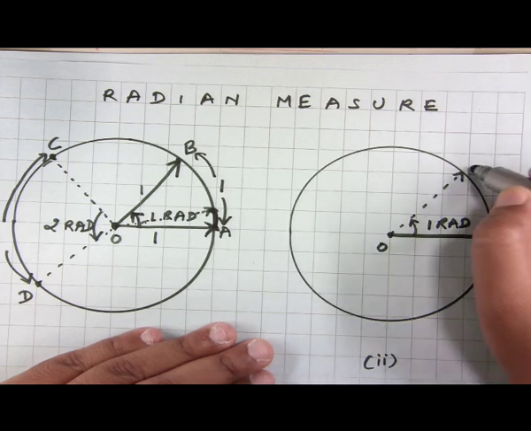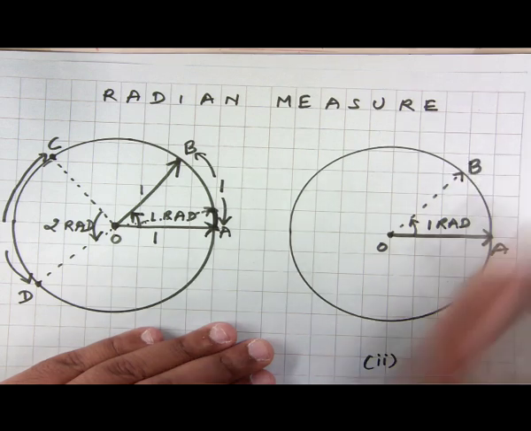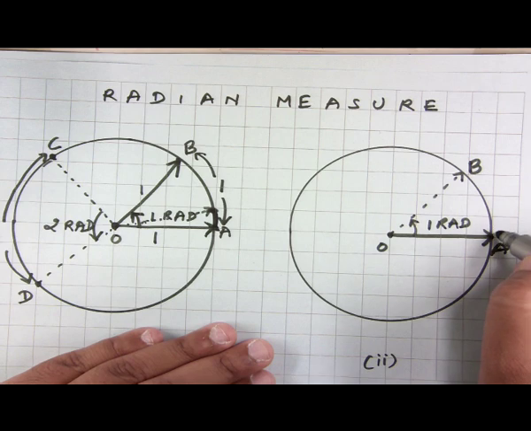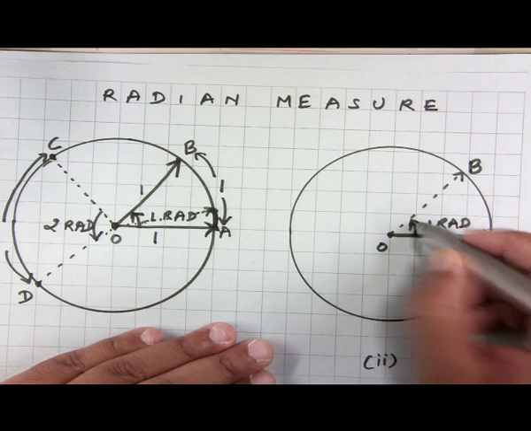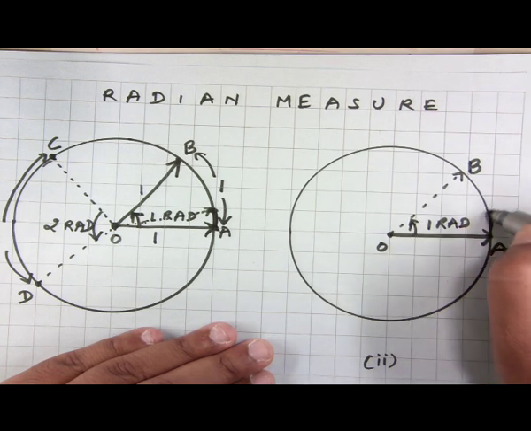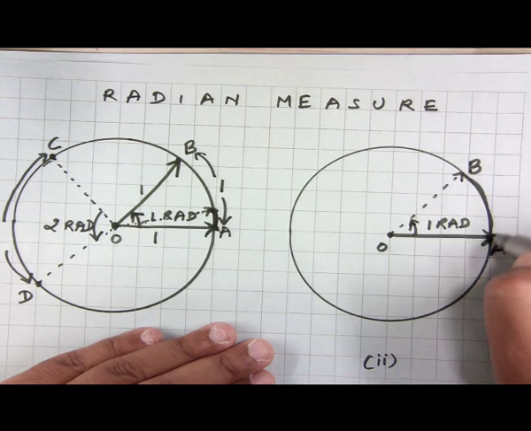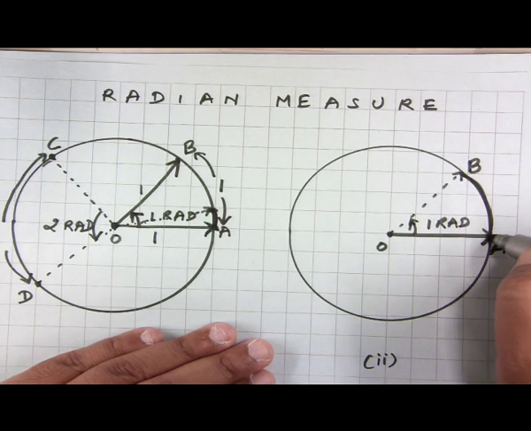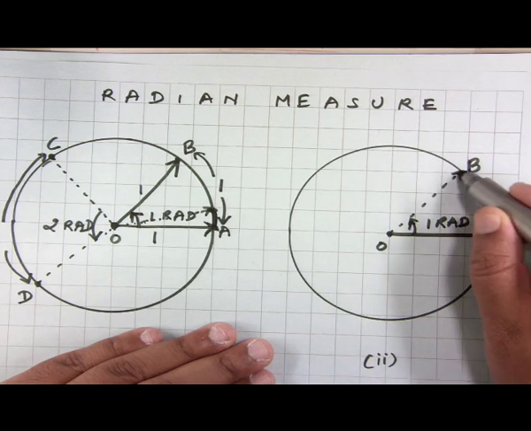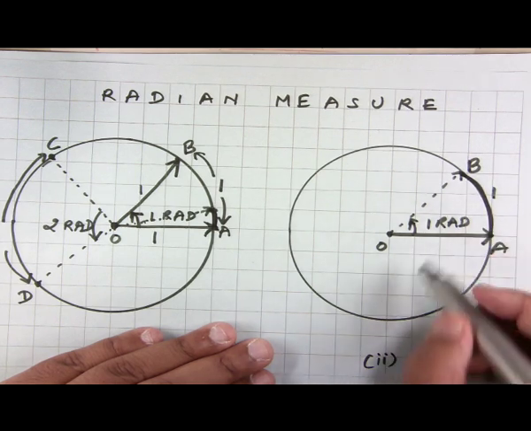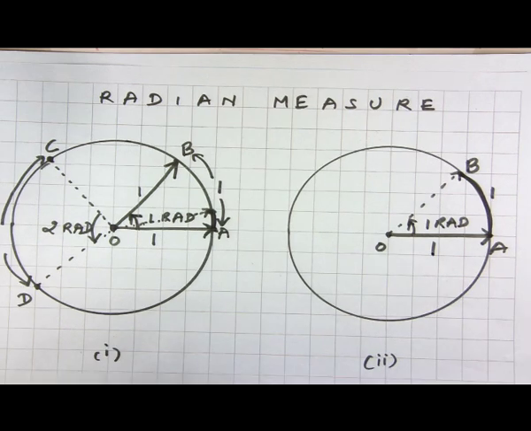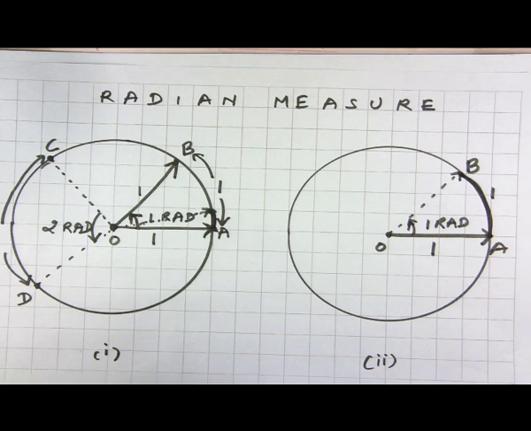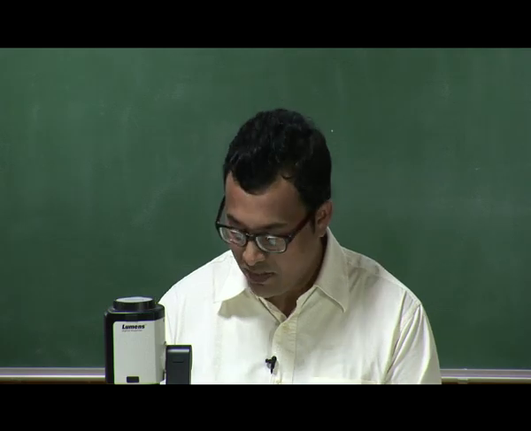So, you reach this point, let us say B, and as per the definition, because this angle of rotation is 1 radian, the length of this arc AB, starting from here till this point B, is also 1 unit, but we are looking to find the length of the arc when the angle subtended at the center by that arc is 2 radians.